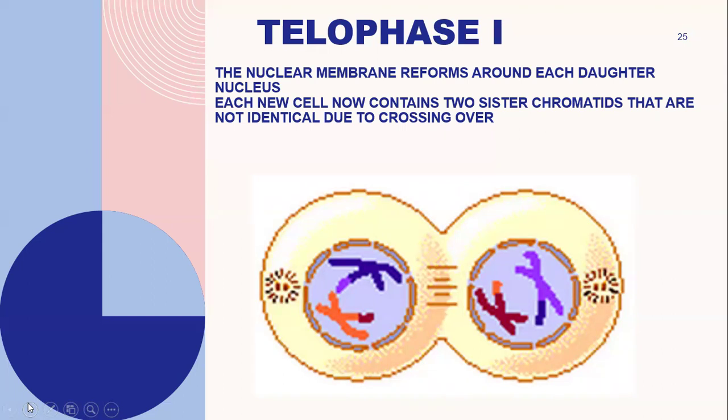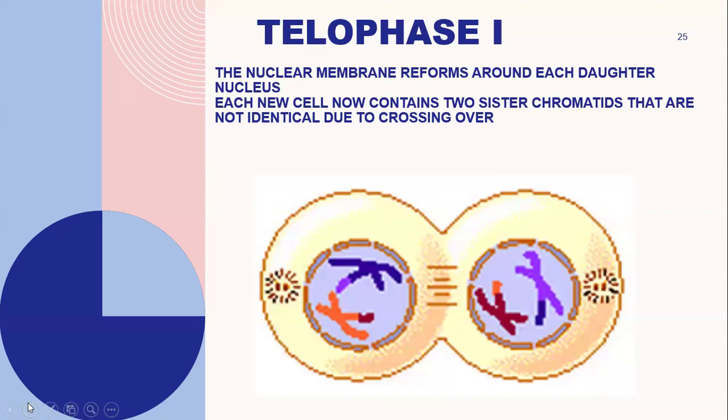So the daughter cells have got a reduced number of chromosomes compared to the parent cell. So the parent cell, say it's a somatic cell, it started with 46, like in the case of us humans. But as these daughter cells are formed at the end of meiosis 1, they'll each only have 23 chromosomes. I hope that is clear.